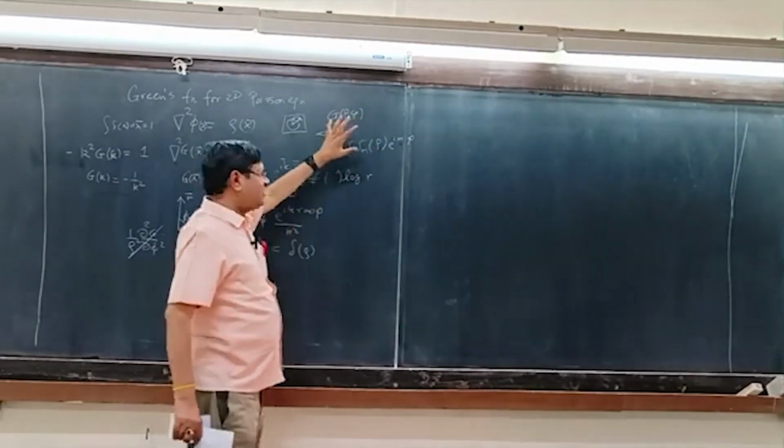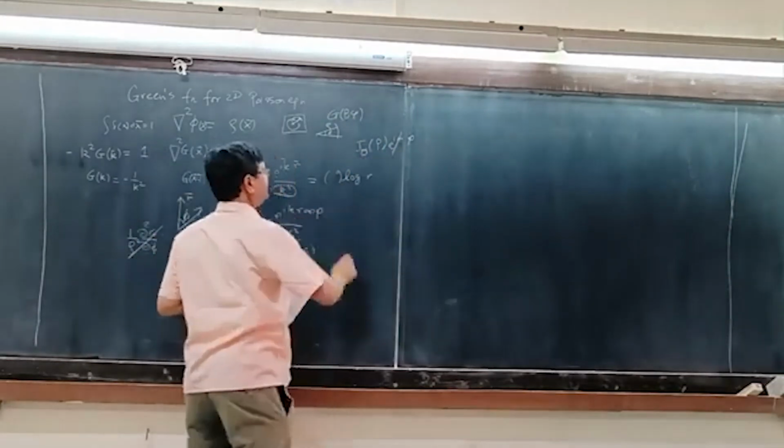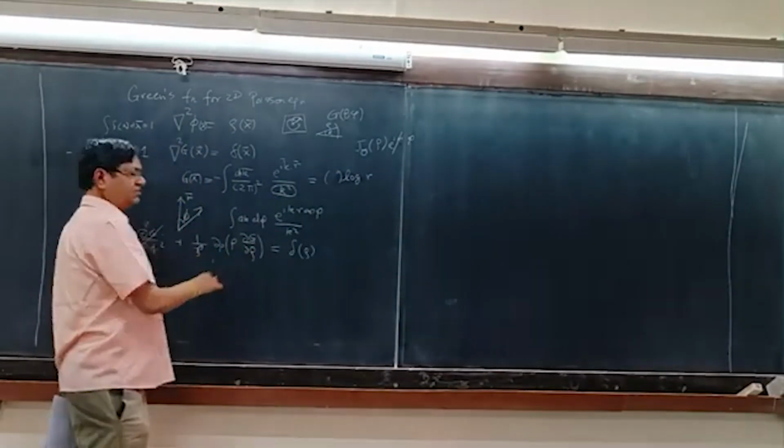Anyway, we will not get into that part. For us it is straightforward: m is 0, so this is gone, and this term is 0. That's how it comes. Anyway, I need to solve this.